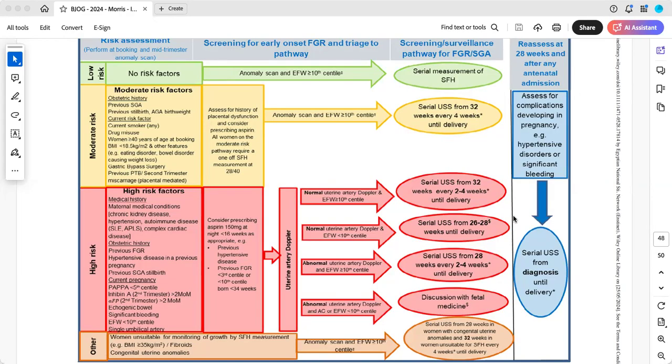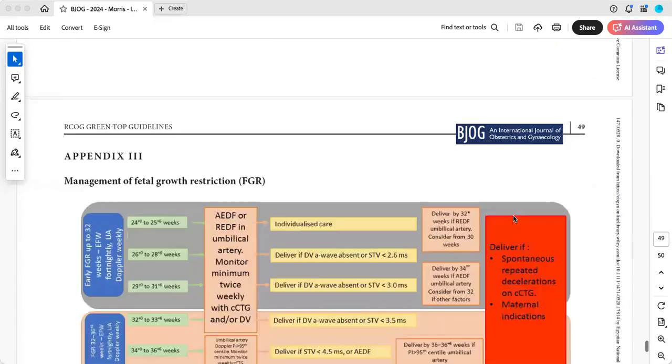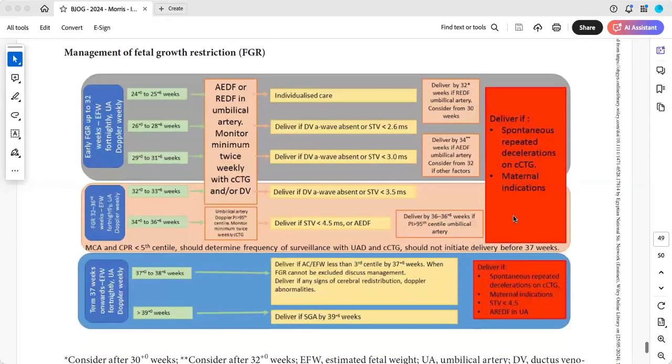What form of follow-up? I found now a case of small-for-gestational age. No. Fetal growth restriction, even with abnormal Doppler. So once I have abnormal Doppler, I have to check here the umbilical artery Doppler.